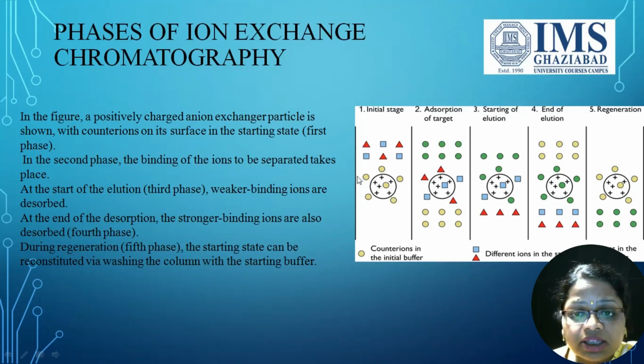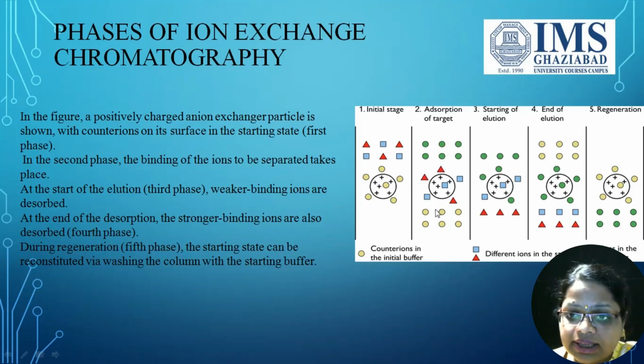Now the charge on these counter ions will be negative, right? Now this is in the matrix. This is what we have added in the sample. Now this is positive, this is negative, and this negative counter ion will be replaced by my target.